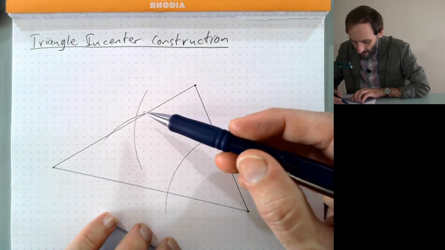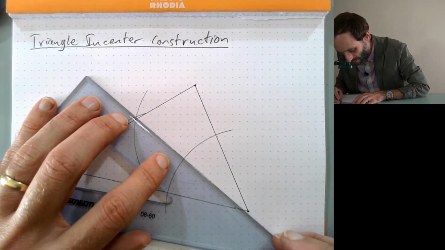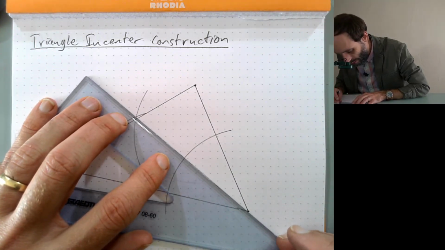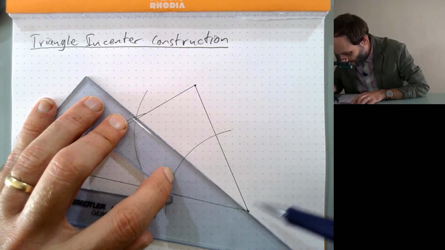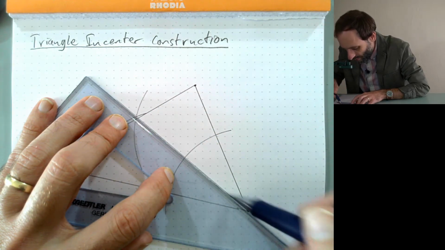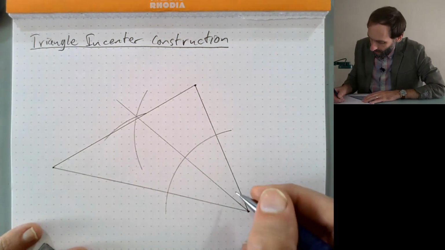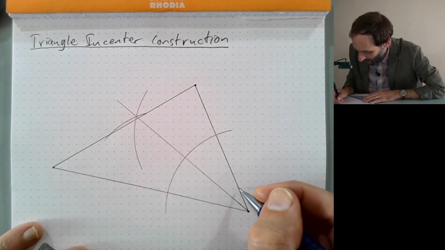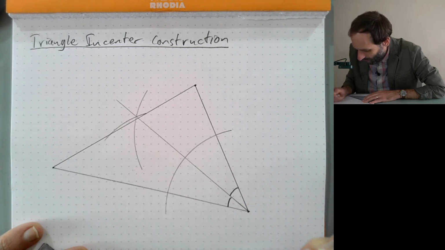So now once I have these 2 arcs, we look at that point of intersection and we're going to draw a line. Our angle bisector is going to go through that point of intersection from the point of the angle. So let's go ahead and draw that line right there. So there's our first one, and because this is an angle bisector, this angle right here is equal to this angle right here.